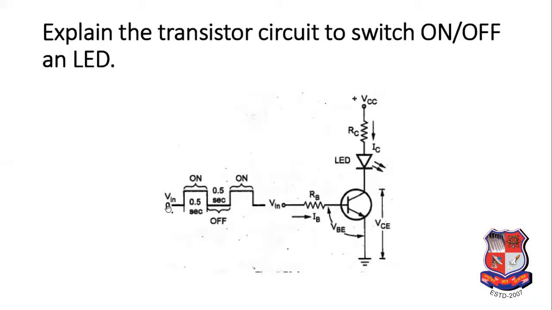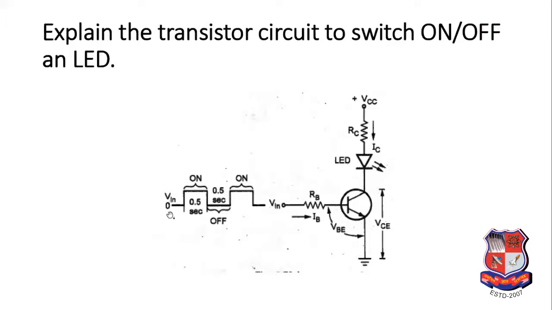In a square wave, in a full cycle we get on during half cycle and off during half cycle. So continuously 0, 1, 0, 1 will happen.